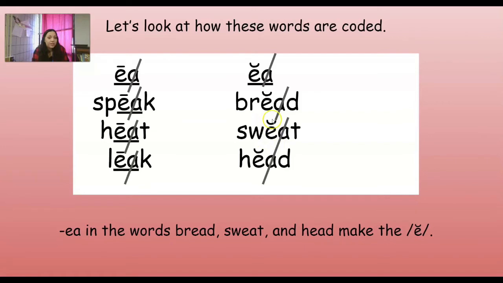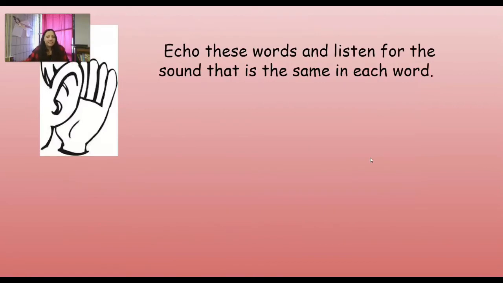I've got the breve on top and et, and then I've got the A crossed out. And then I've got the E as a breve and the A's crossed out. So far the EA can make the long E and the short E sound, both of them. Now this time, listen to these words as I say them. All right, are you ready?